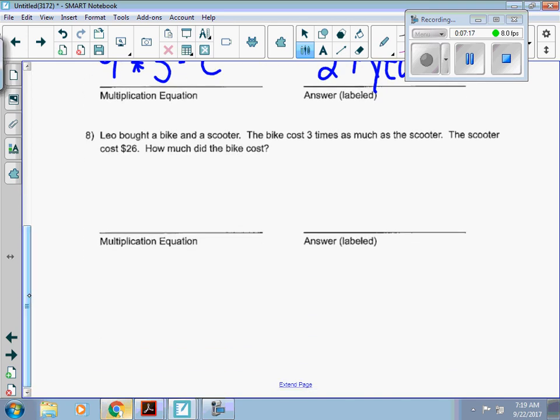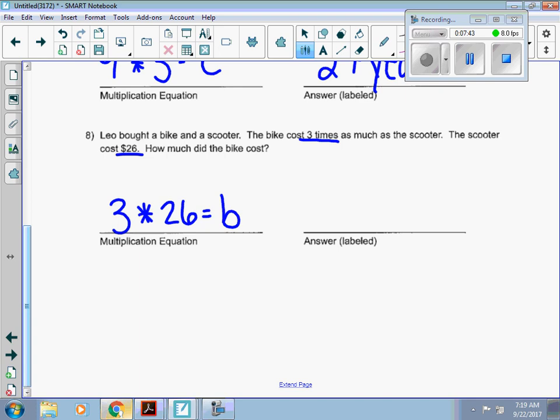E. Leo bought a bike and a scooter. The bike cost 3 times as much as the scooter. The scooter cost $26. How much did the bike cost? Well, the bike was 3 times the scooter, and the scooter was 26. So if I do 3 times 26, I get the cost of the bike.